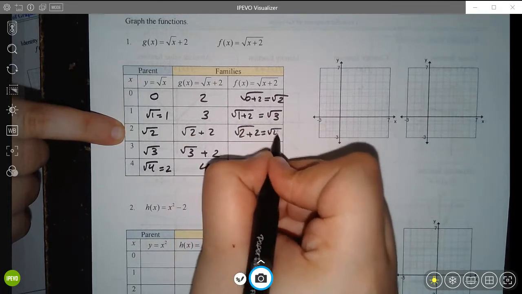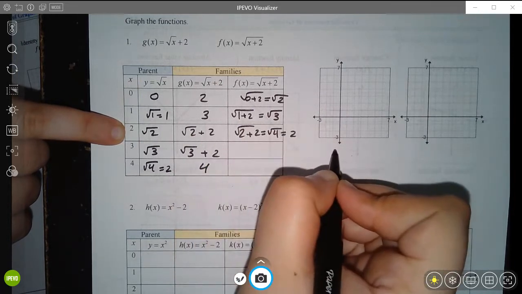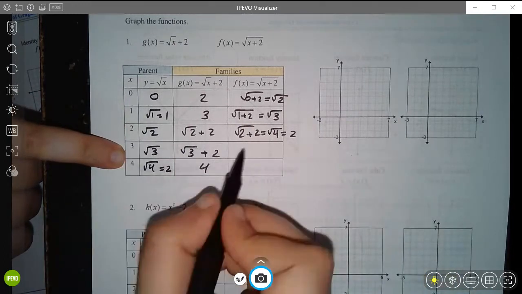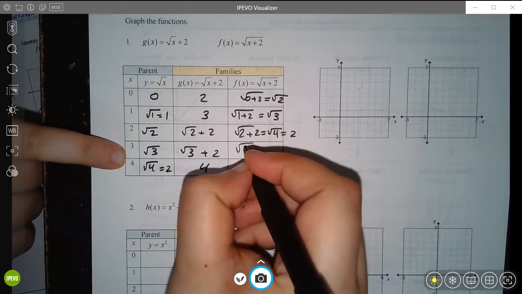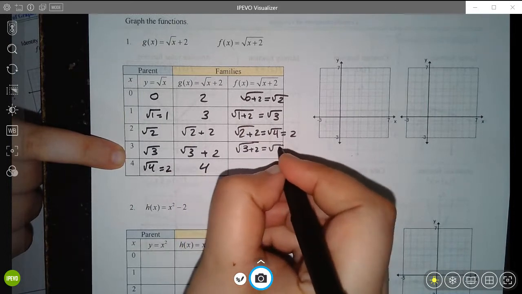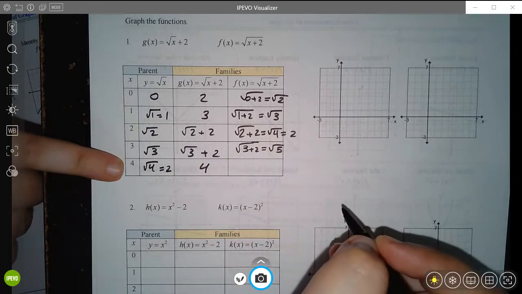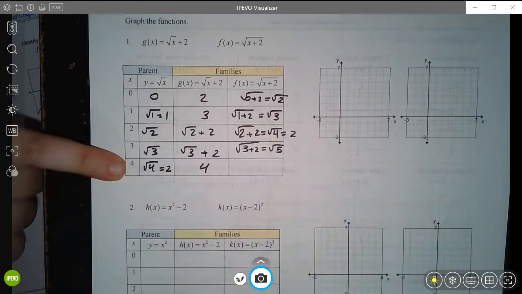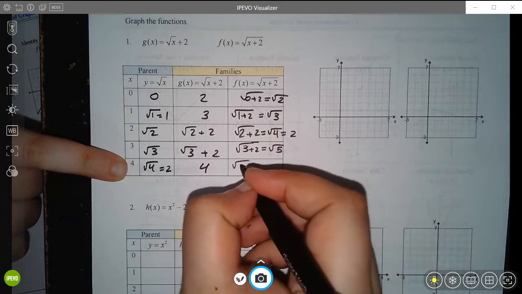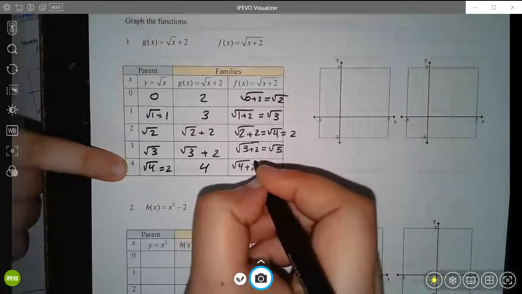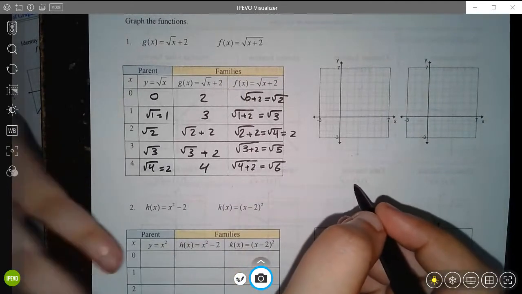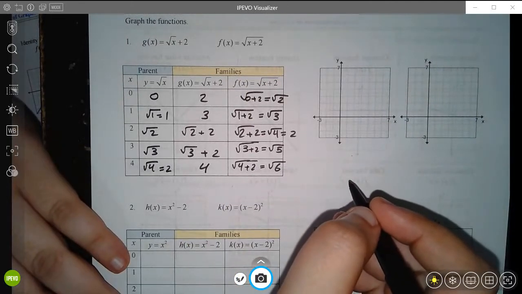So this is root of 4, which equals 2. Yeah? Over here, we have what? 3 plus 2, which is going to be 5. So that is the square root of 5. And over here, we have 4 plus 2, which is the root of 6. Yes?